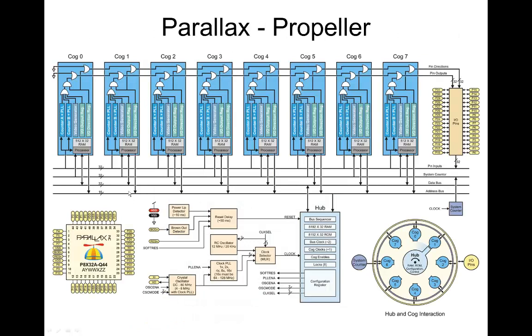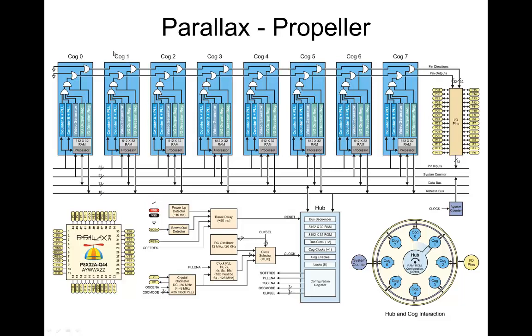Parallax makes the Propeller. This is a funny processor. Basically, they have 8 little tiny processors here, in this little, what is this, a 32-pin package. And so it's a multi-core architecture. Each of these cores gets time division multiplexed access to all of the pins. And so every 8th cycle, cog 0 here can access the pins.